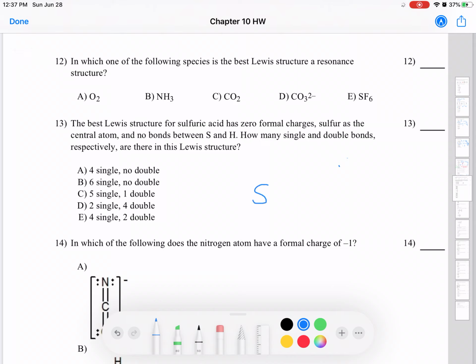So we are looking at H2SO4. Okay, sulfur in the middle and there are 4 oxygens. There's going to be a double bond between 2 of the oxygen atoms and then hydrogen will be on oxygen.